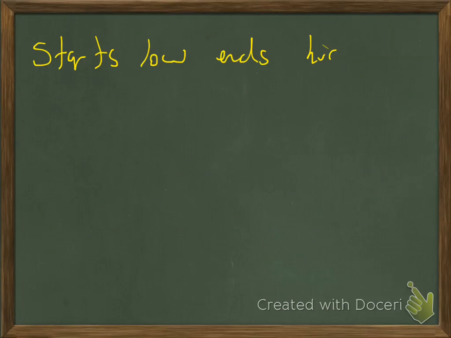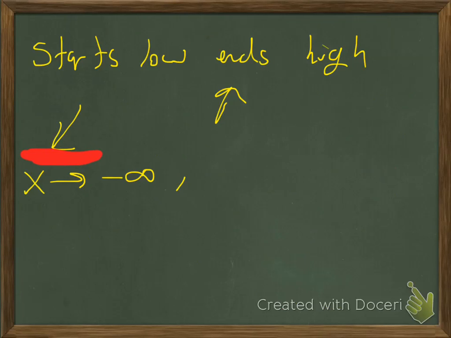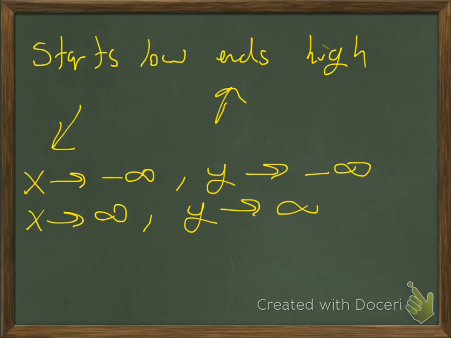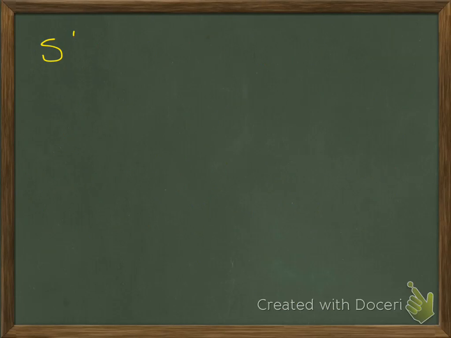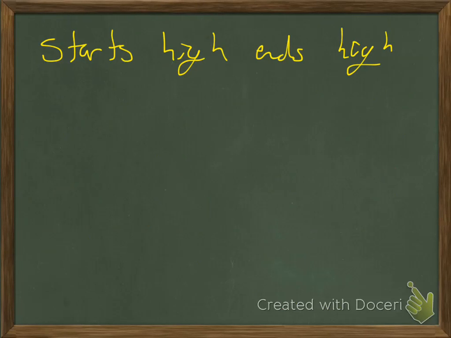So starts low, ends high, just as an example. As x goes to negative infinity, that's going to the left, the y is going down to negative infinity also. As x goes to infinity, the y is going to infinity for this particular example. All right. What if we have starts high, ends high?